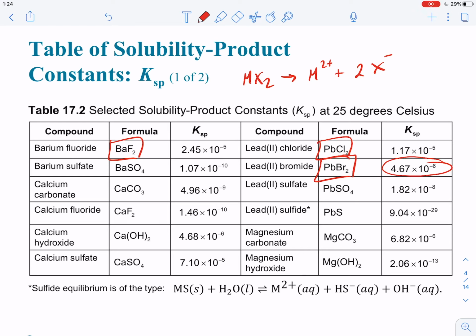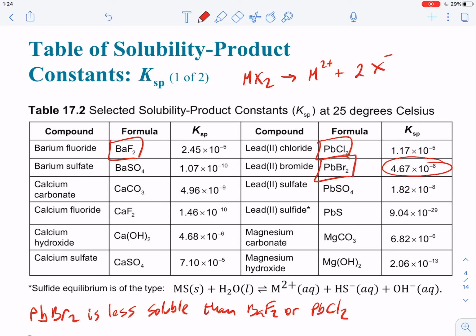So it's less soluble. Let's write that down. PbBr2 is less soluble than BaF2 or PbCl2. Not by much, but yes.